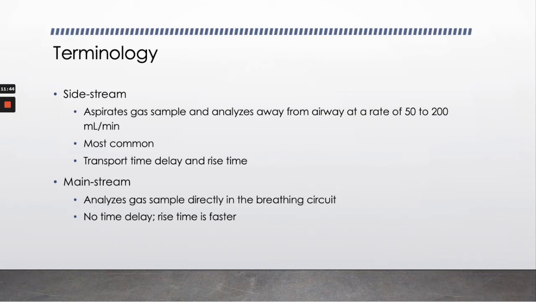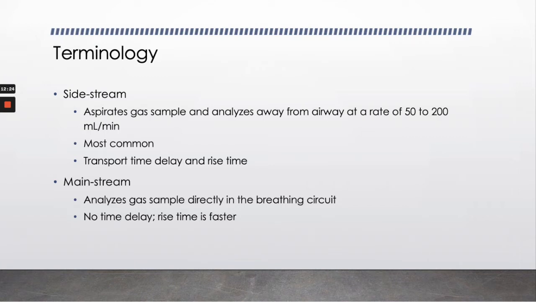Okay, so side stream and mainstream, we've talked about both of these a little bit. Side stream aspirates the gas sample away from the patient and analyzes it away from the airway at a rate of about 50 to 200 milliliters per minute, and it's the most commonly used method of gas sampling. There is a transport time delay, and there's a longer rise time as well. Mainstream analyzes the gas sample directly within the breathing circuit, there is no time delay, and the rise time is faster.